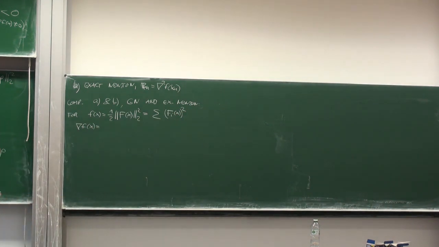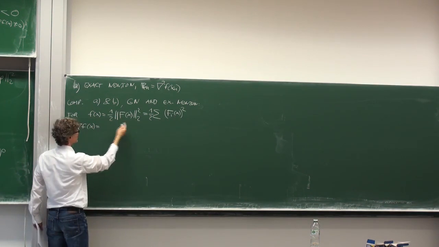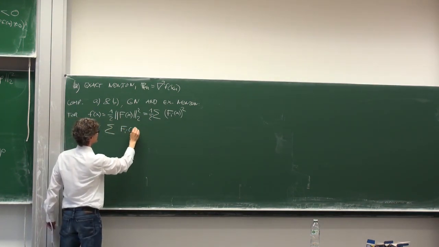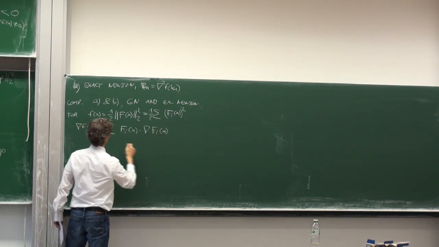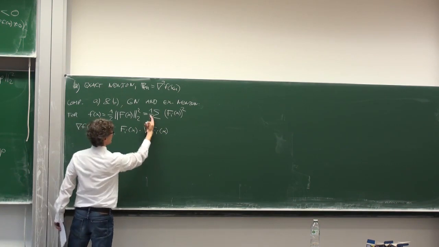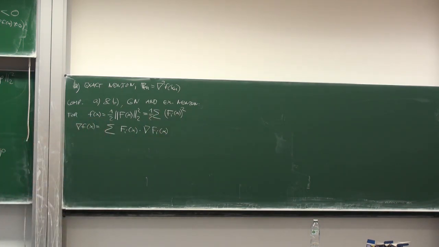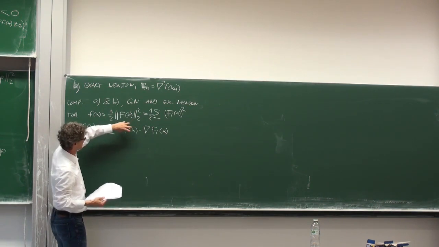So the derivative of this whole thing with the 1/2 will be the sum of all these f_i of x times the gradient of f_i of x. Because of this 1/2, the factor 2 cancels. So that is the first derivative. And please note that these are gradient vectors and these are numbers.